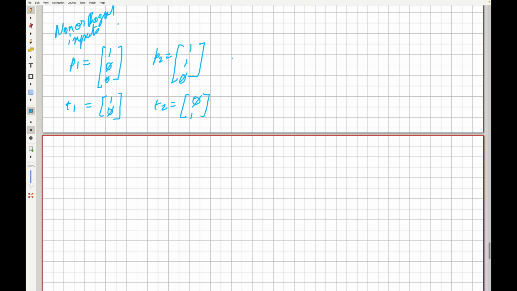So if we try and create an input matrix, we would have 1 0 0 1 1 0, and the target matrix would be 1 0 0 1, same as before.